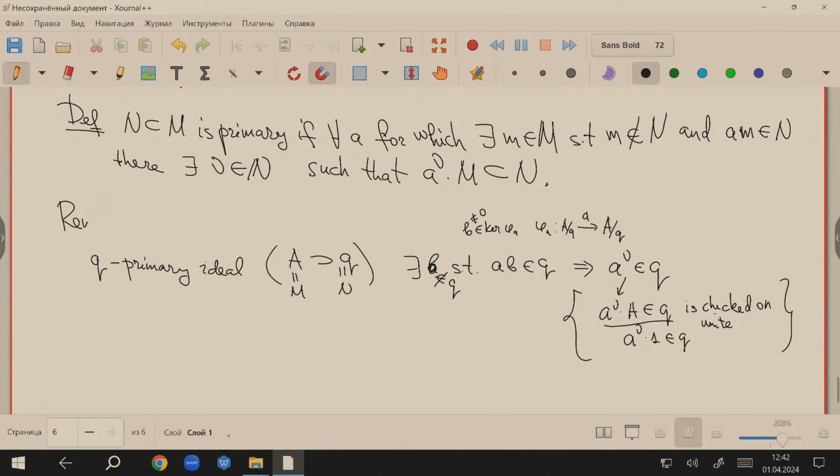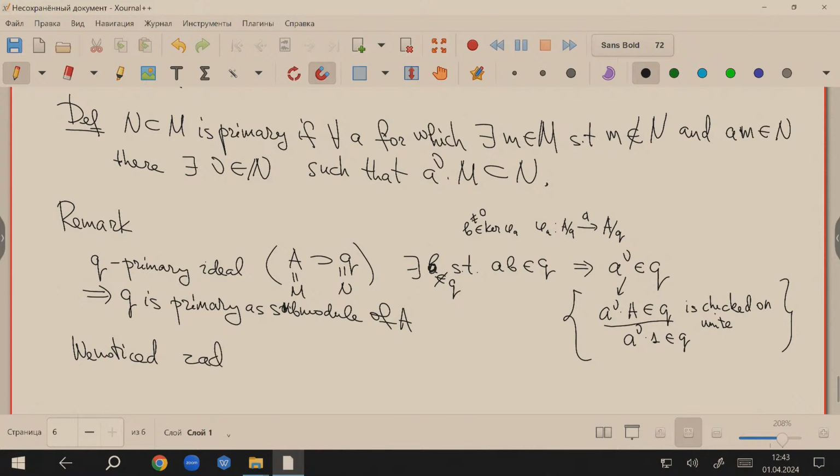Remark: if Q is a primary ideal, then Q is primary as a module over A. And we noticed that the radical of Q is a prime ideal.